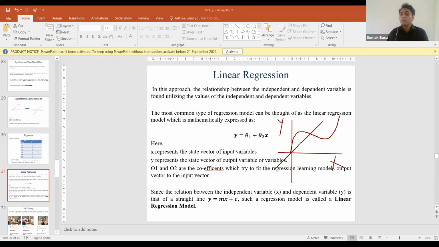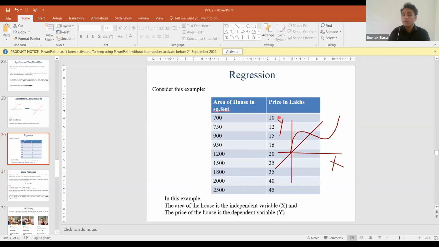If you can find a relation between x and y which follows a straight line, then it's called a linear regression model. And if the relation is non-linear, then it's called non-linear regression. So these are some important concepts over here. I'll gradually come to these.